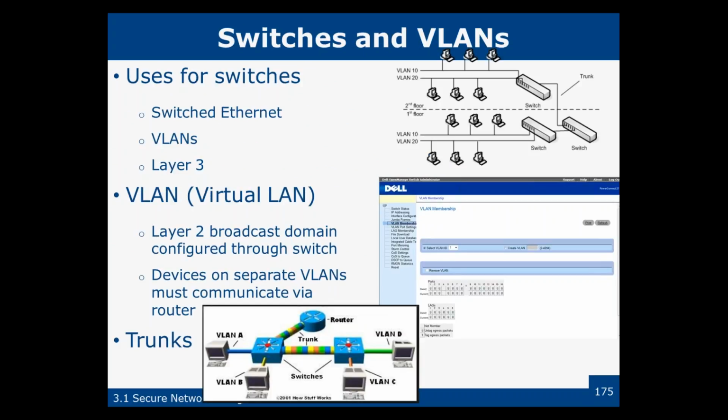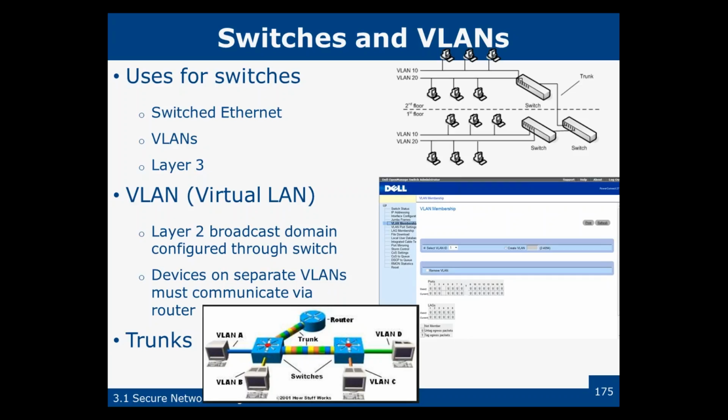Switches and VLANs. The uses for switches: we've switched Ethernet, and those are the ones we use in order to create the micro-segmentation of the network. We have VLANs, virtual local area networks, where we basically break the switch up at layer 2 into layer 3 segments.